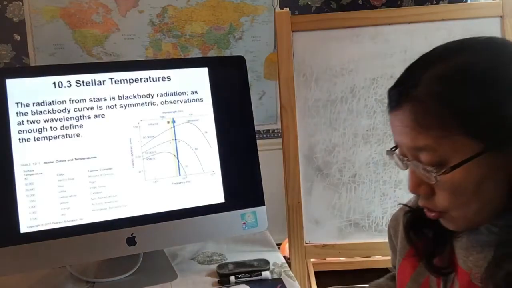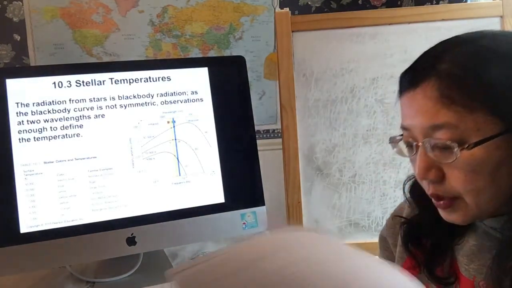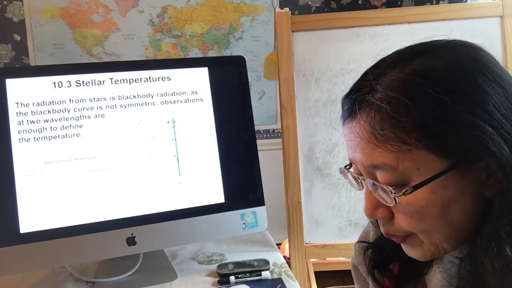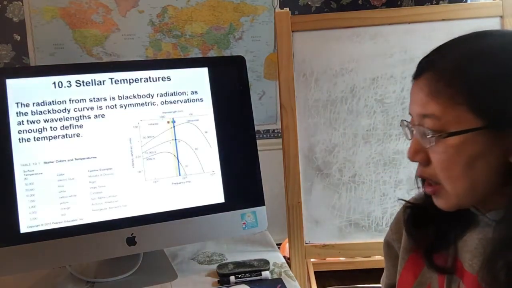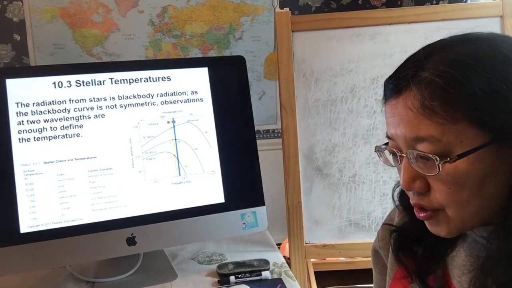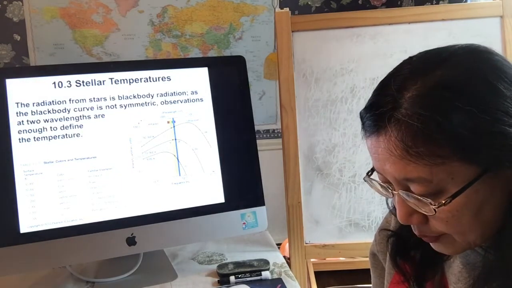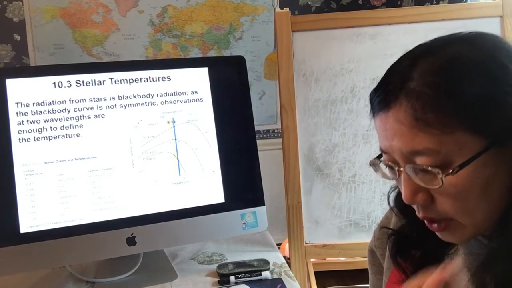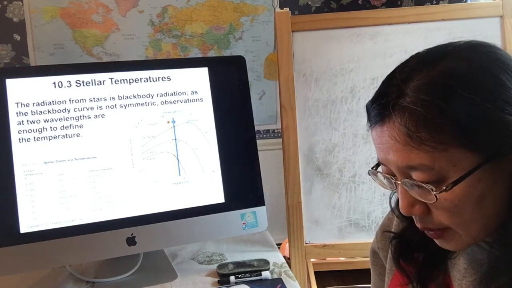For 14, which star has the greater surface temperature? Again, think about luminosity as a function of radius and temperature. When the radius is bigger, the luminosity is bigger. When the temperature is higher, the luminosity is higher.